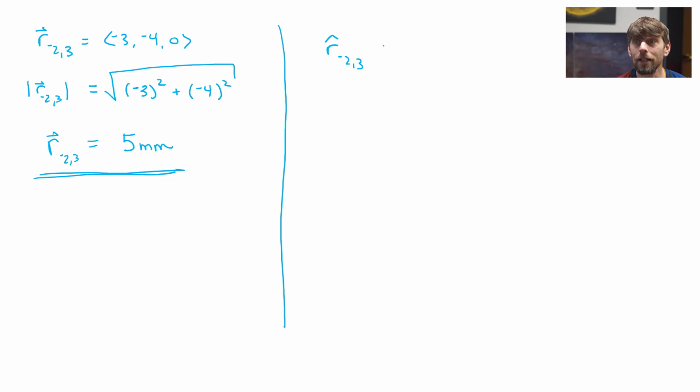We remind ourselves that calculating this is simply scaling the original vector by its magnitude. Fortunately for us, we already have both of these pieces of information. We have the magnitude, which is 1/5, and I'll leave the millimeters in here just to remind ourselves.